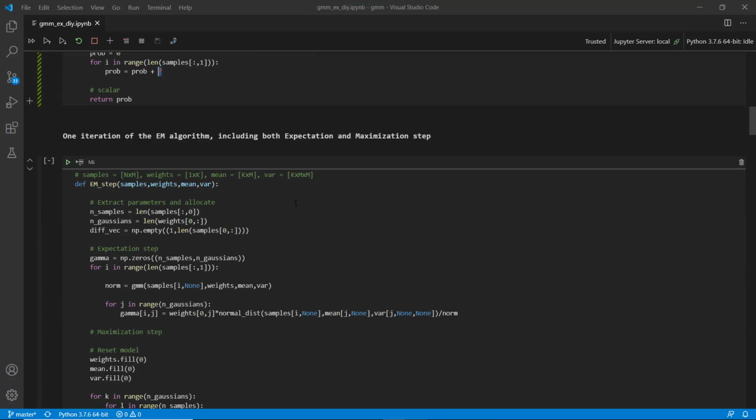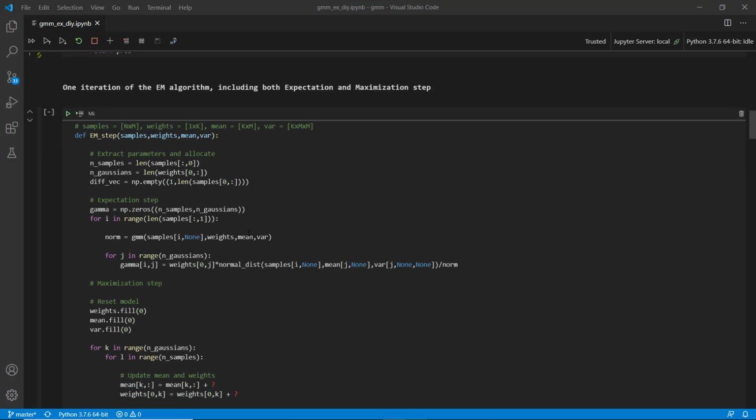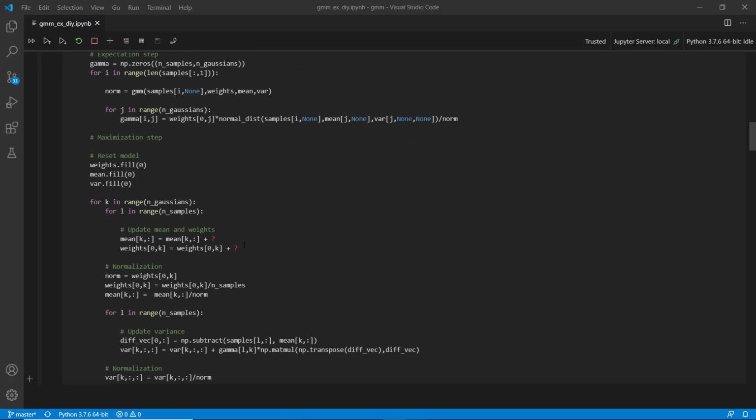And the next function is not the EM algorithm as a whole, but just one iteration, so both expectation and maximization. The expectation step is already completed there. You see that we compute the gamma, the classification probability, and then in the maximization step, we need to use that classification probability.